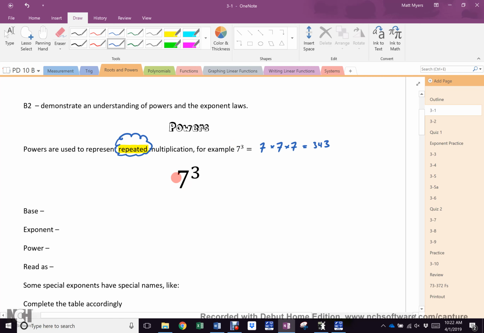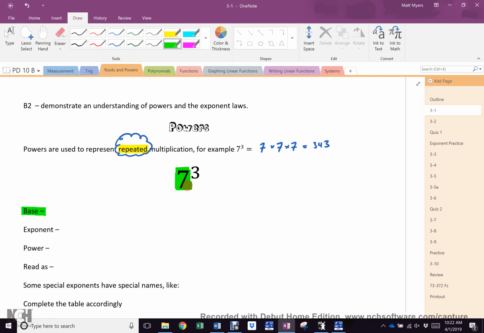Here I have a mathematical expression. That mathematical expression has 3 different things in it. The first of those things is the base, which I'm going to highlight in green. Where is the base? It is the 7. Correct. This is where we possibly diverge from what you learned in the 9th grade.